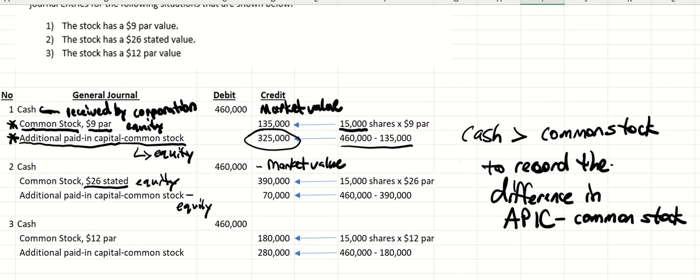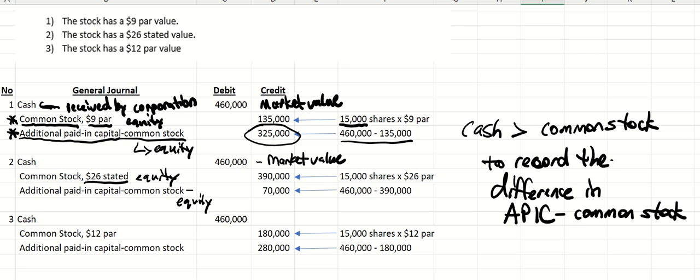Right. So the next one here, number three, the stock has a $12 par value. Same as the first two entries, cash is going to be debited for $460,000. That is the market value. So we're going to increase the cash account by $460,000. Since this is a $12 par common stock, you're going to take the 15,000 shares, multiply by $12 per share.